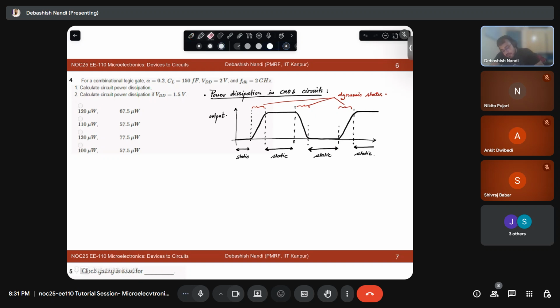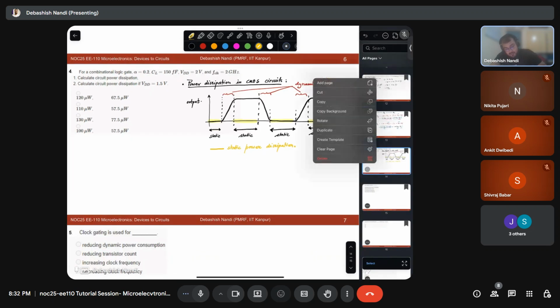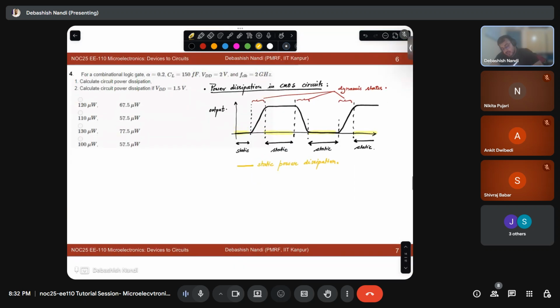So the power getting lost during these time durations: the power dissipation during this time is called static power dissipation, and the power dissipation during these times is called dynamic power dissipation.